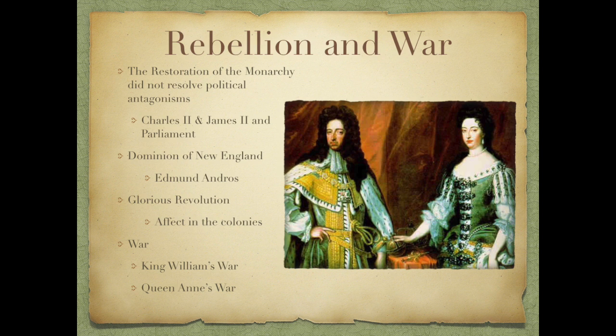Parliament wanted to secure their political authority, which James had been consistently undermining since he came to power, and which Charles II before him had been consistently undermining as well. Parliament had gotten a taste of real authority in the Civil War, and the victory in the Civil War, and wanted to secure that much more firmly.